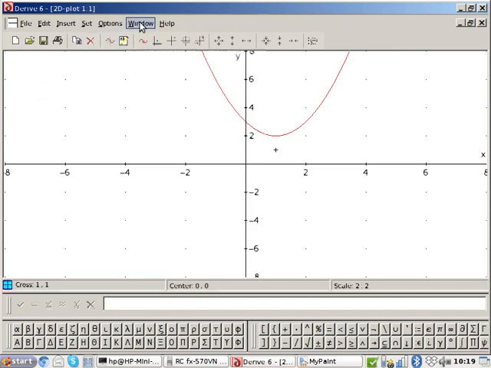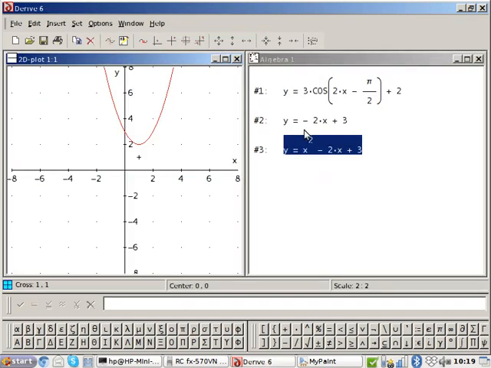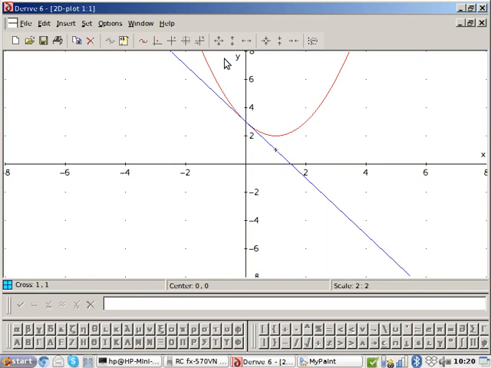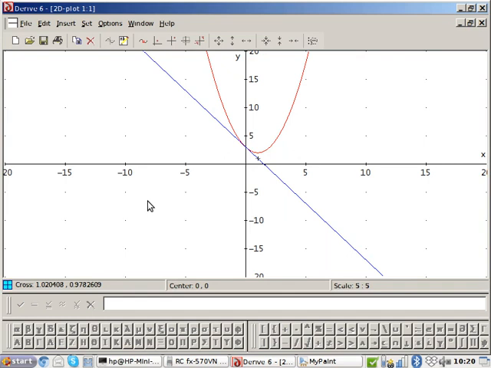There's the quadratic, and now here's the line, and it should meet it once, which it does. So you can see it's a tangent, not a secant. That's what the graph looks like. Yeah? Get the idea here? Okay.